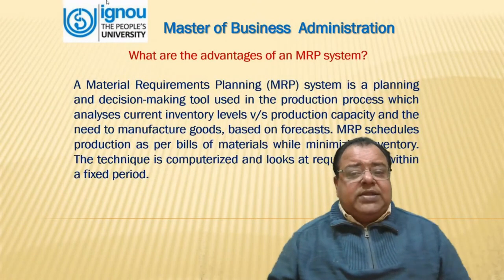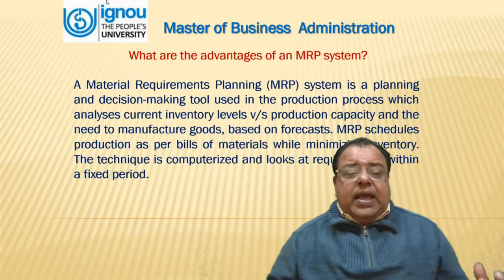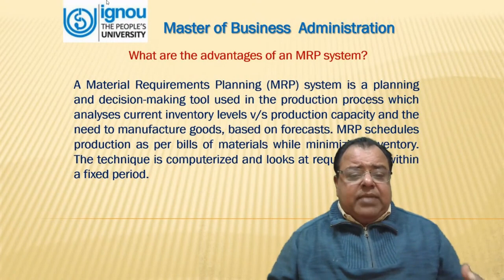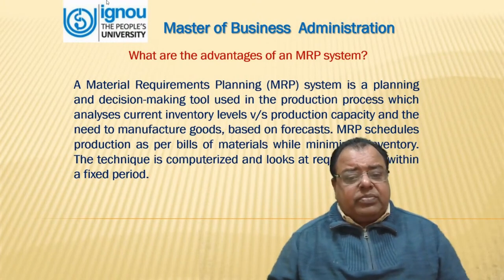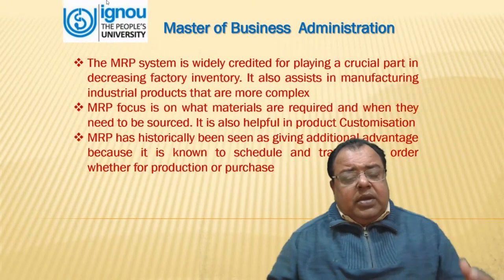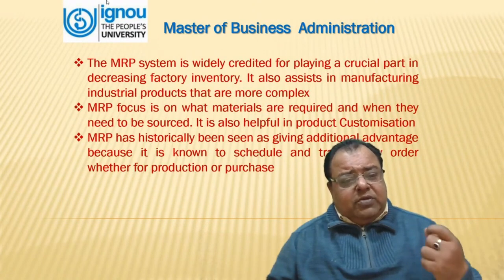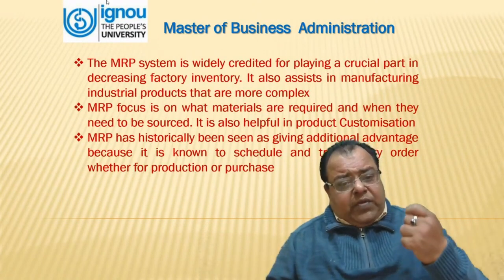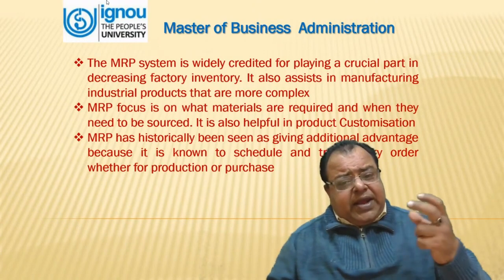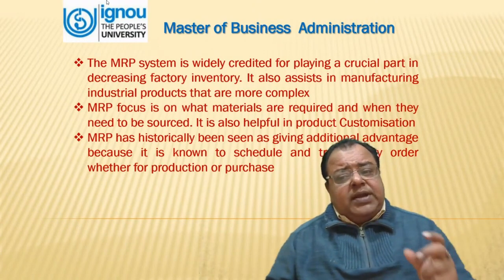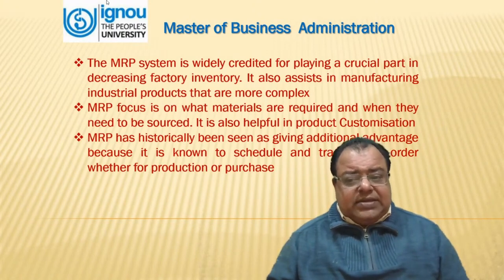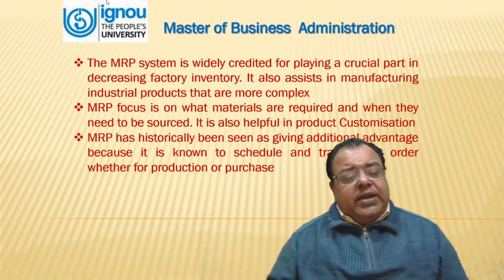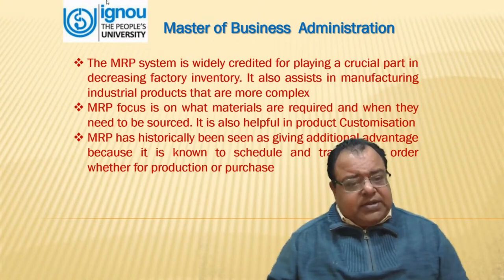What are the advantages of an MRP system? MRP, that is Material Requirements Planning System, is a planning tool basically used where the system is widely credited for playing a crucial part in decreasing factory inventory. It also exists in manufacturing industrial products that are more complex.